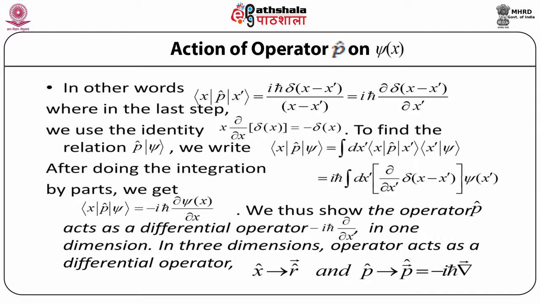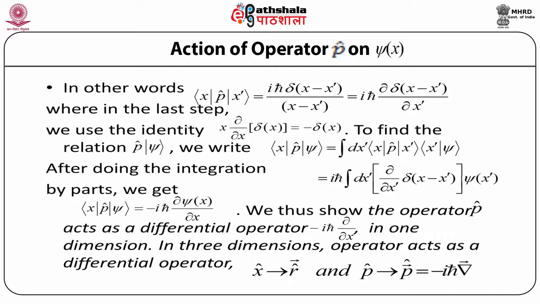Now, in order to solve this integration, we use the method of integration by parts, and using integration by parts, we get the relation bra x, operator p, ket psi is equal to minus iħ del psi(x) by del x.